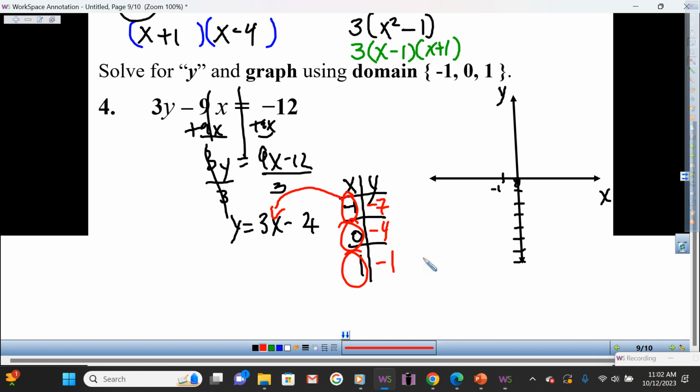So that point is right there. Next one. 0, negative 4: 1, 2, 3, 4. And last one, 1, negative 1. It's about right there. Once we have our points, we graph our line, nice and straight. Look at that. Beautiful.